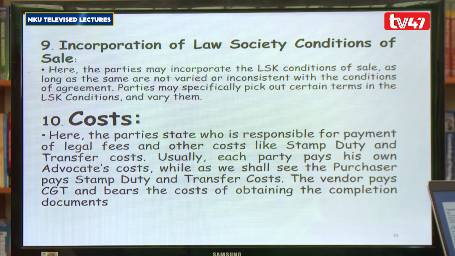What do we mean? What we mean is that the LSK conditions are normally incorporated, subject to them having not been altered or amended in any way. So once you have got this clause in your contract, it means that the LSK conditions are automatically incorporated in your contract.